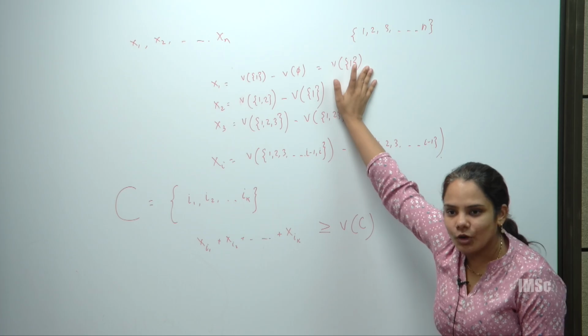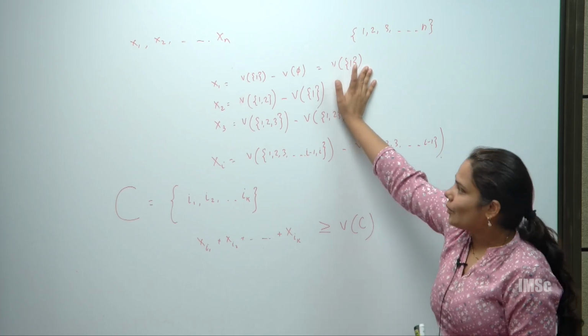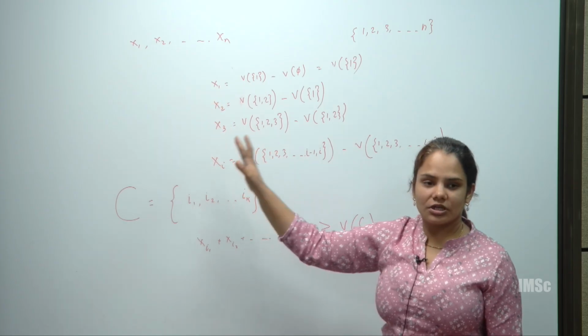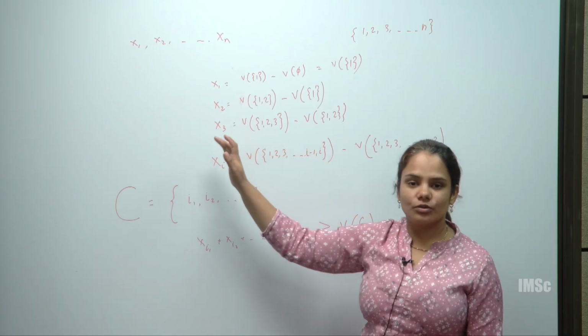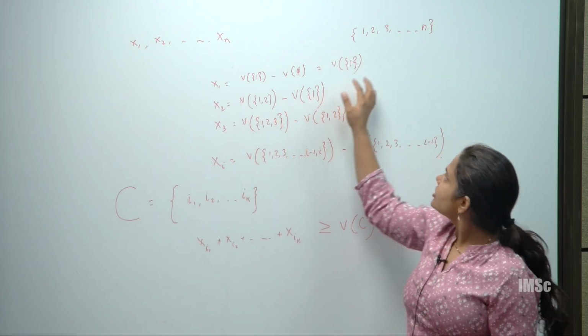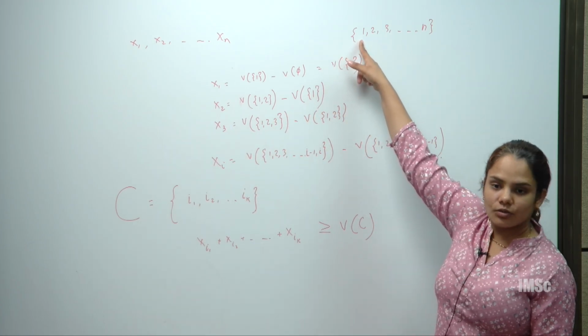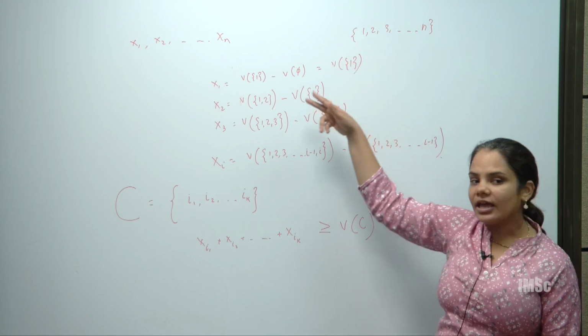So you understood the problem. Is the problem clear? The problem is, this particular solution, at least for the convex game, was a good solution. However, in the core, if I change the permutation, so if I make the second agent here and the first agent here, then the allocation will change.